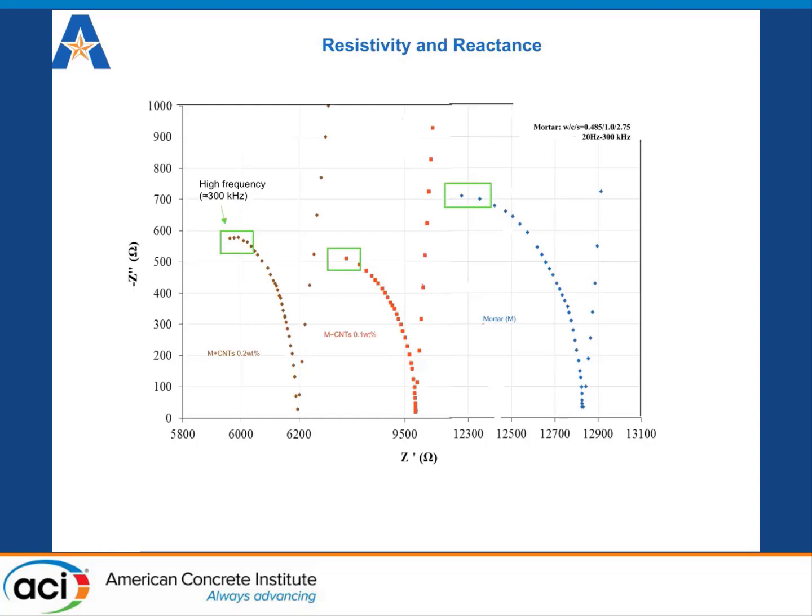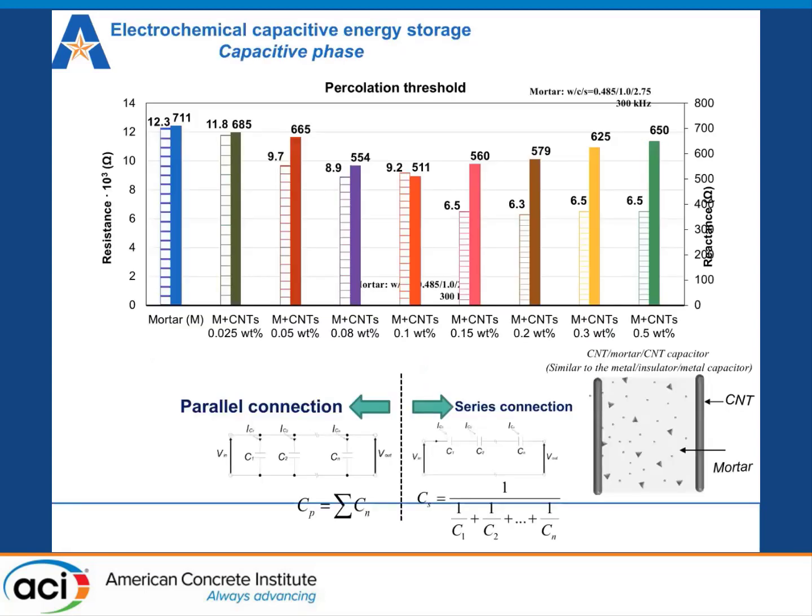From the resistivity-reactance plot in this slide, we observe that while the nanocomposite's resistivity decreases with the increase of the CNT addition up to 0.15%, there the conductivity reaches a plateau.